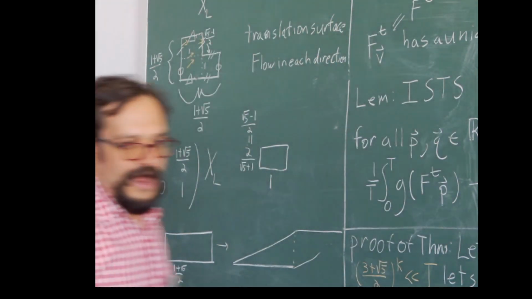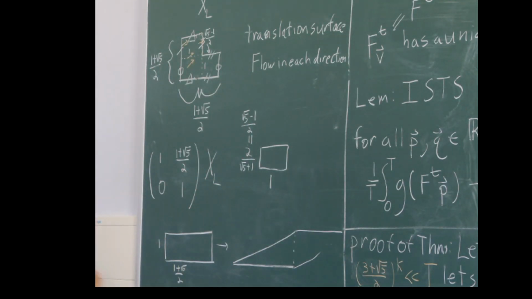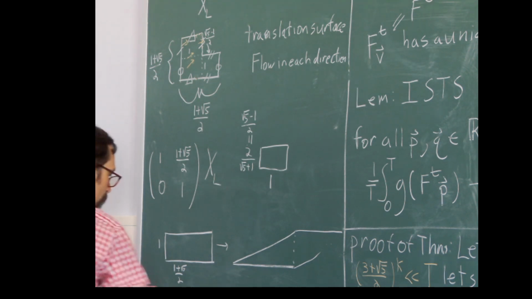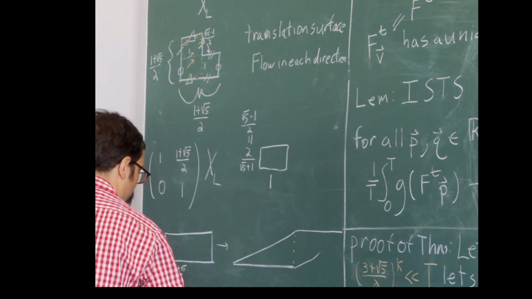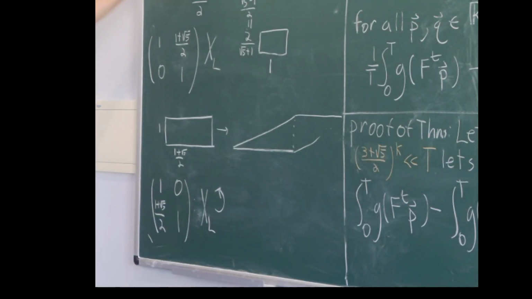I also want to say that in another direction, for the same exact reason, 1 plus the square root of 5 over 2, 1 also sends the golden L to itself. And that's just by turning our head on its side and repeating the argument.